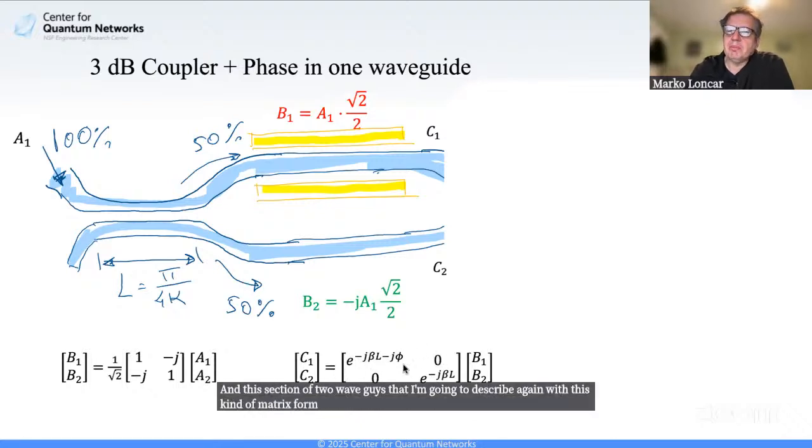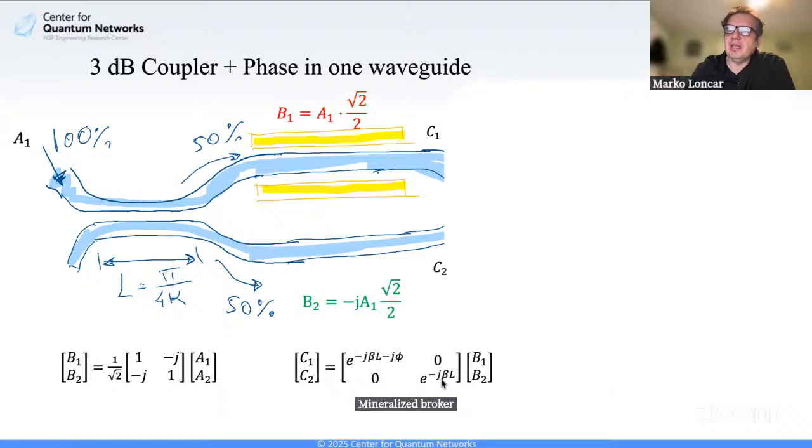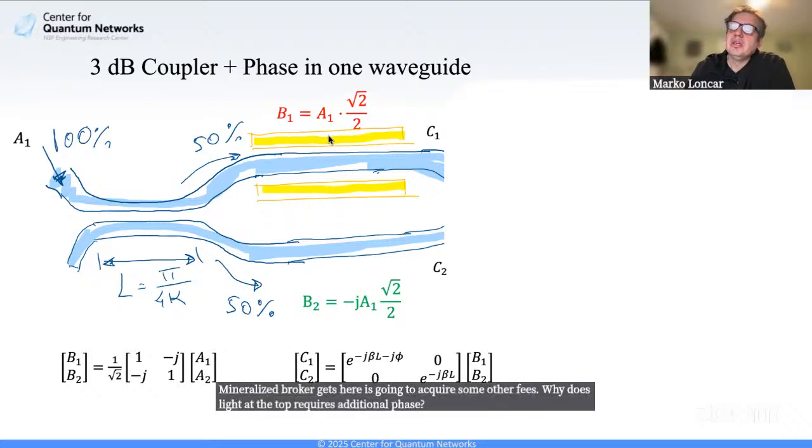That's a consequence of a couple of materials I mentioned. This following matrix. Basically, when light propagates here, it's going to acquire some phase. So here's the phase. When light propagates here, it's going to acquire some other phase. Why does light at the top require additional phase? Because I left the opportunity for these electrodes to do something interesting here.